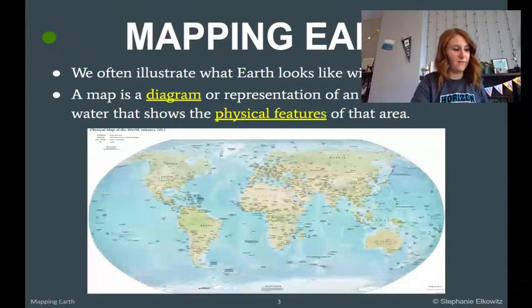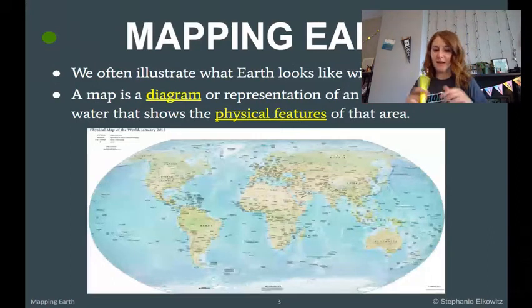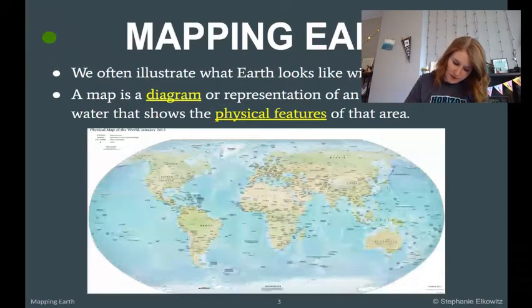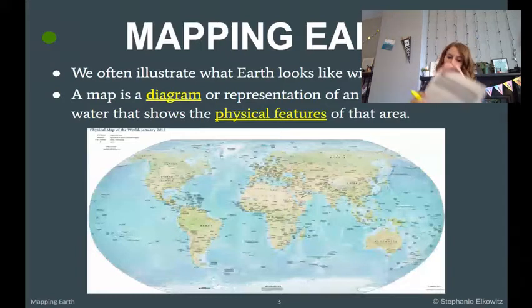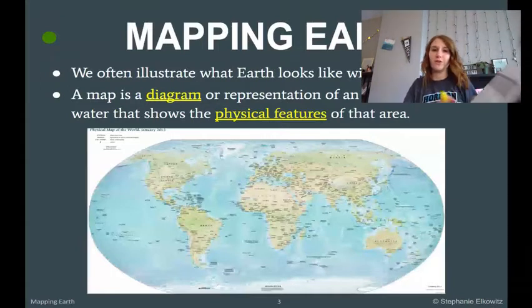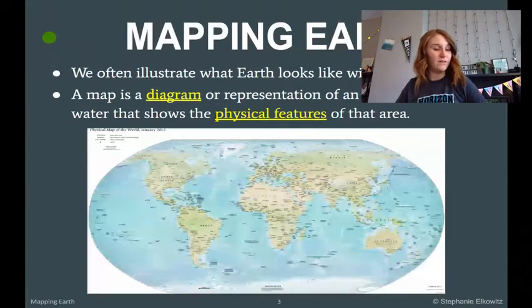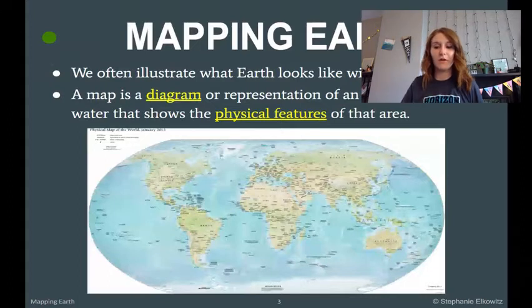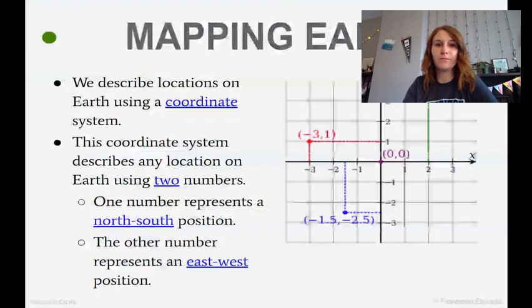If I have notes that need to be highlighted, I'm going to take my highlighter, find diagram and physical features, and highlight the important information that I need for my notes. All right, that's the last time I'm going to do that, but please follow along with me and fill in your notes.